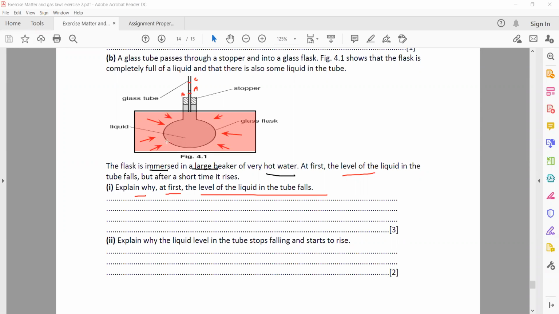As the heat is taken by the flask, the flask will expand, or the size of the flask will increase. At the beginning, the flask will absorb energy, so it will expand. It appears that because the volume of the flask increases, the level of the liquid will come down.